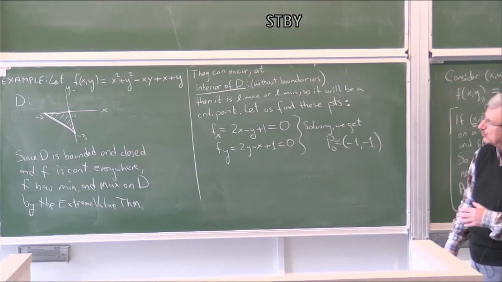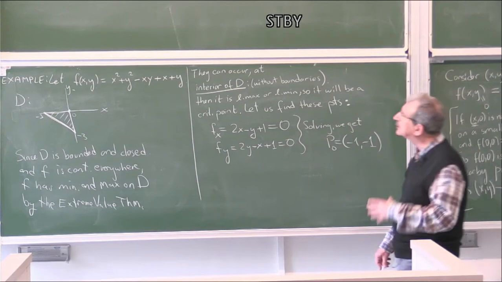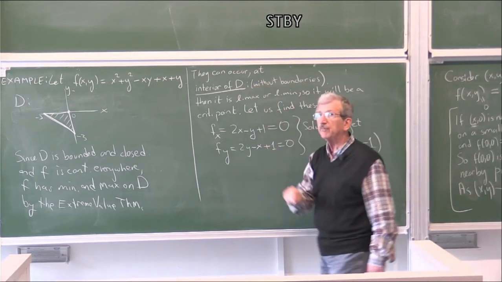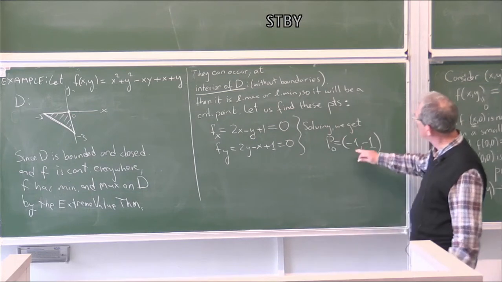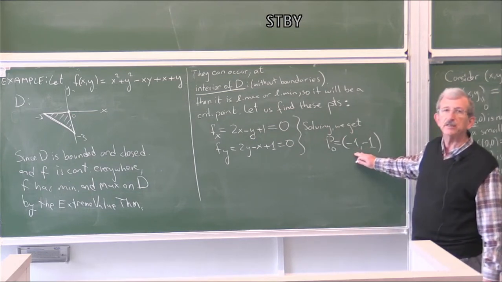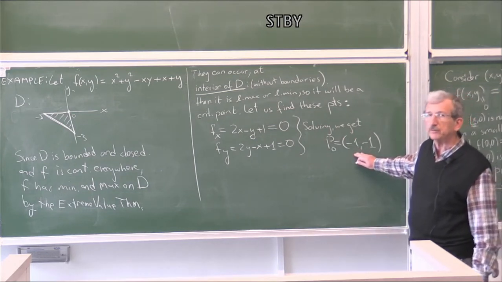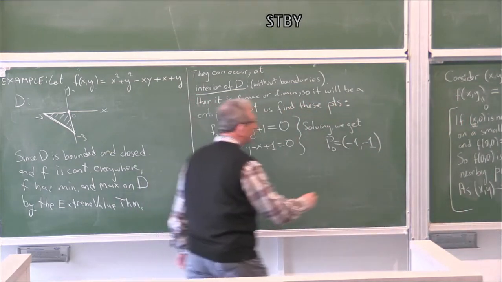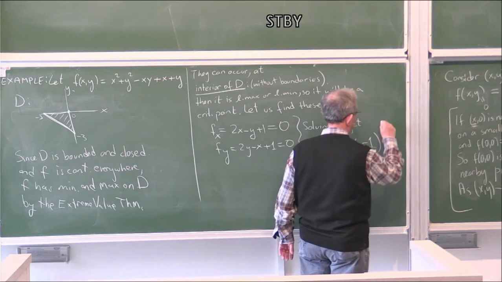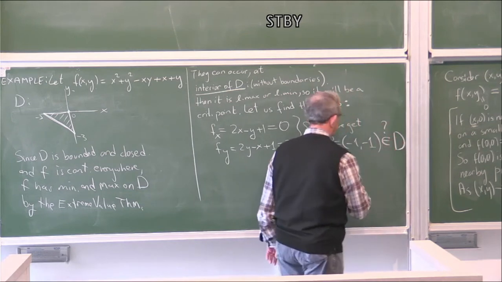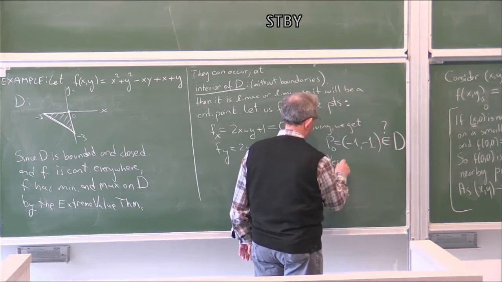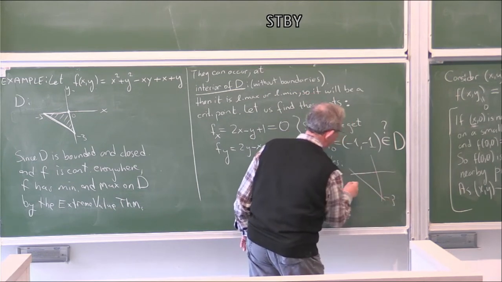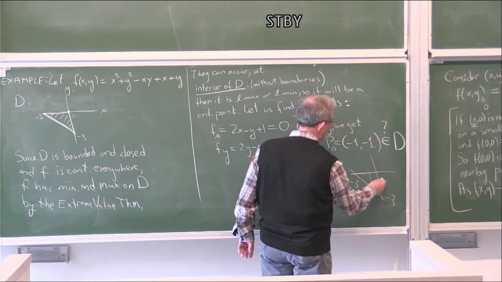But of course, we are considering what happens in the interior of D, inside D. So it is an important question to check if this point is inside D. Well, it is. Now, this P0 must be checked whether it is indeed. The answer is yes. Because you can easily see that if these are minus 3's, then minus 1, minus 1 is somewhere here.